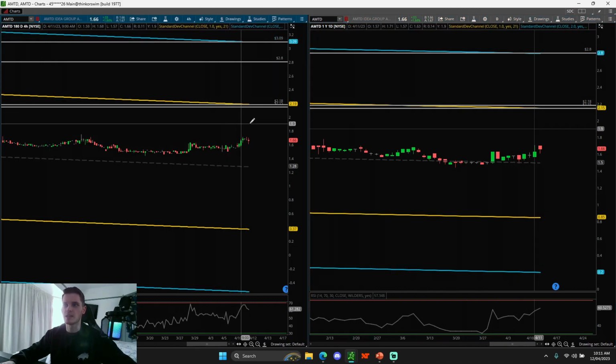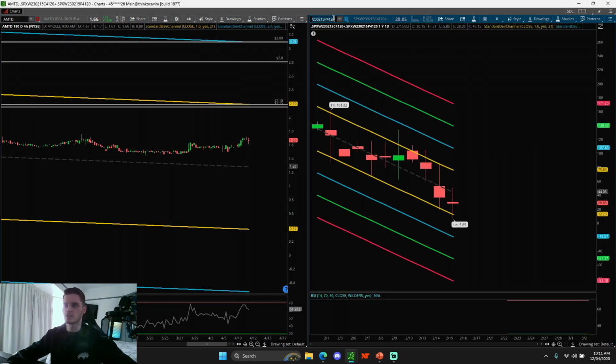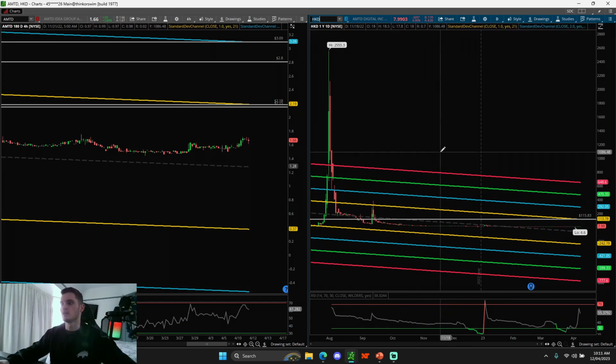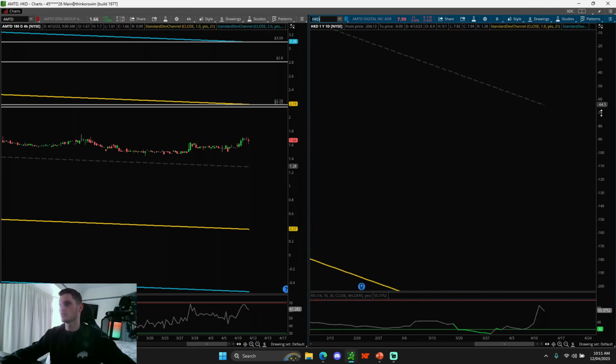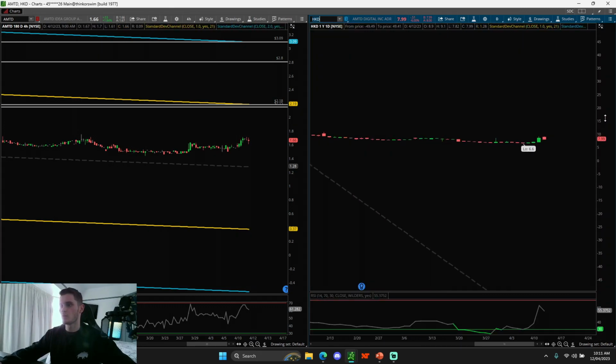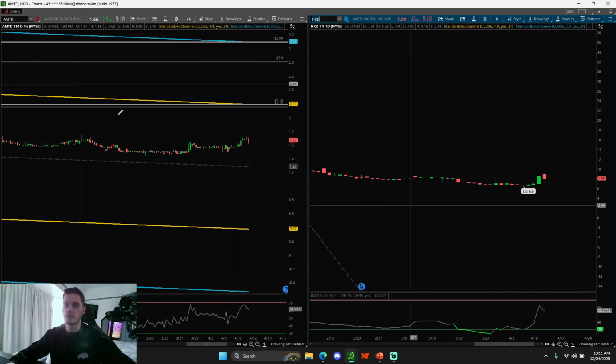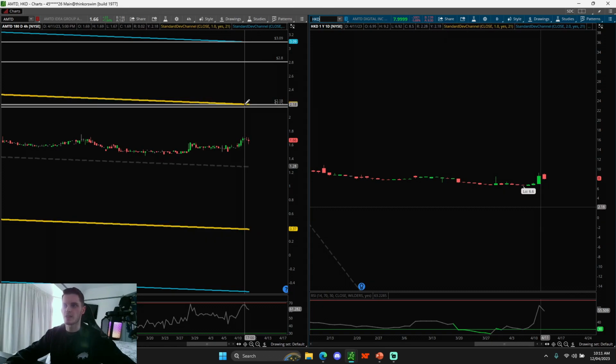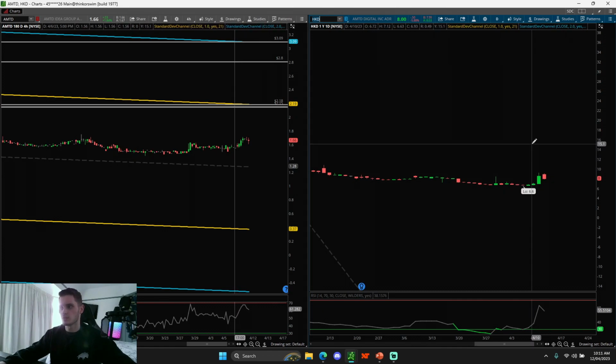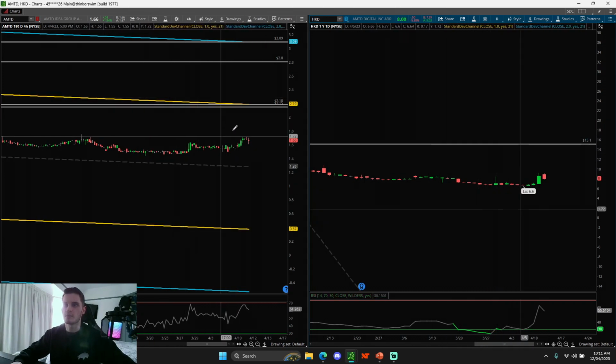So what that really means is you could be watching this on HKD. So what we'll quickly do is change this to HKD. You can be watching the chart of HKD, but it's trading off the chart of AMTD. So if we can break this 220, come back to test it as support, and it can hold, then even if we were at, say, $15 on HKD, to me that could be a potential trend.